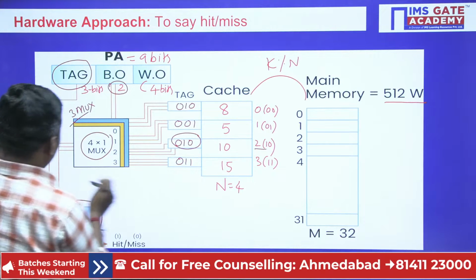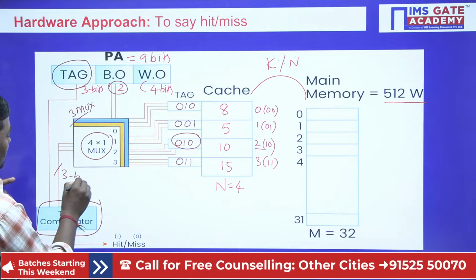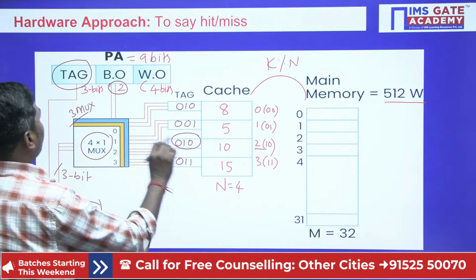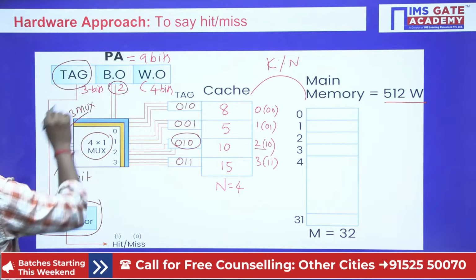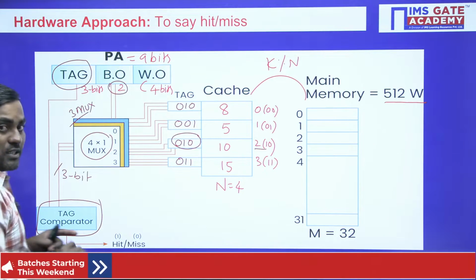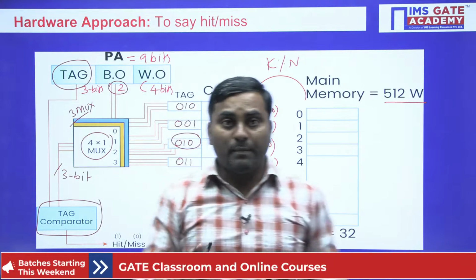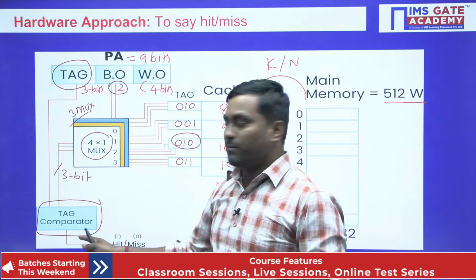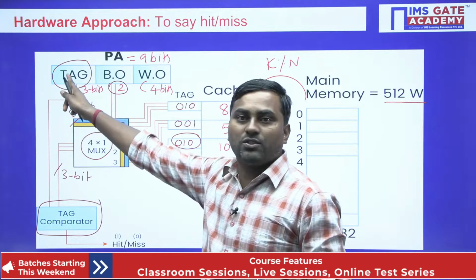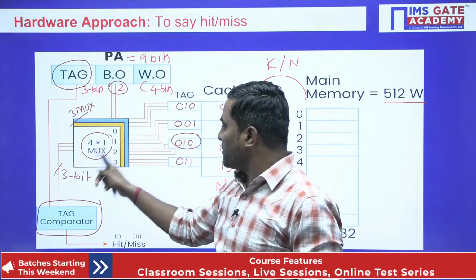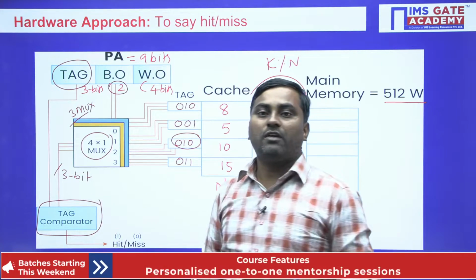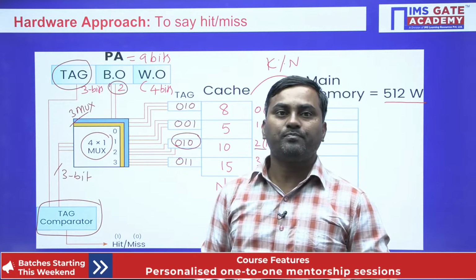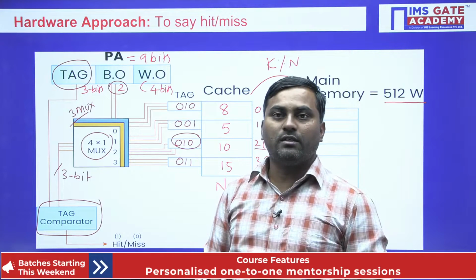So 3 bit data will come here as one input, and the other input is the 3 physical address tag bits. So is a 3 bit comparator required or not? I place a 3 bit comparator. One input is from the physical address tag bits, the other from the multiplexer, and both are compared.